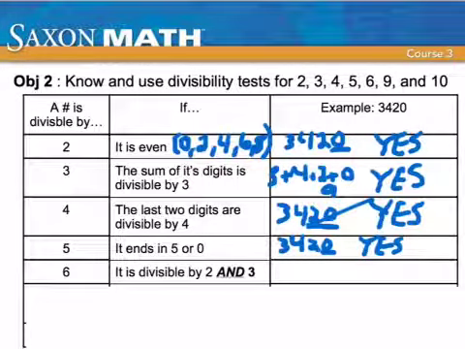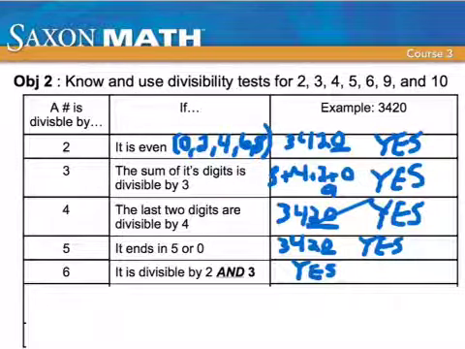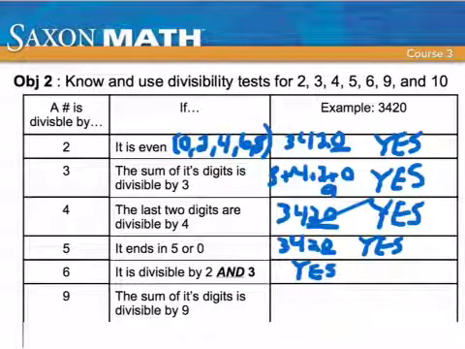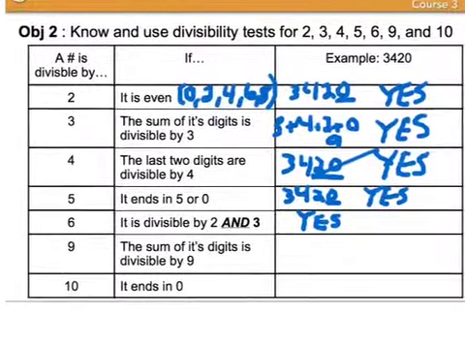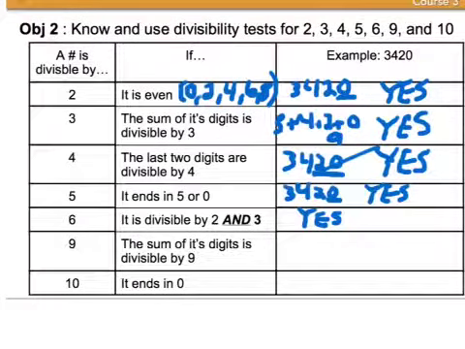A number is divisible by 6 if it is divisible by 2 and 3. So if I look back up at my chart, it was divisible by 2 and it was divisible by 3. So yes, it is divisible by 6. We'll keep going here. I'll just show you the last two here. A number is divisible by 9 if the sum of its digits is divisible by 9.